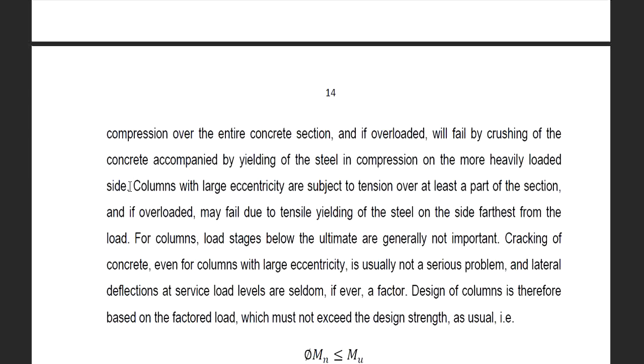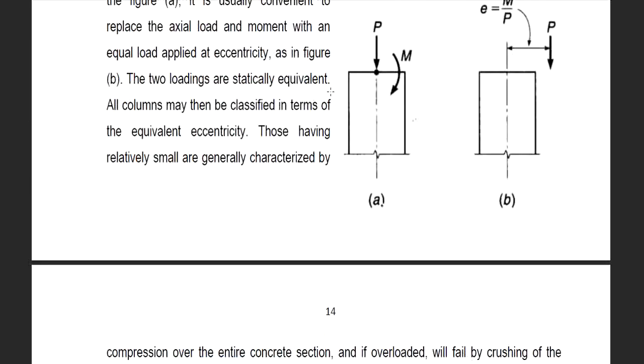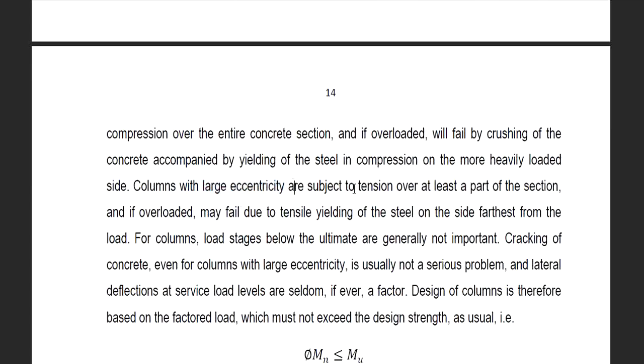So due to compression the column is going to fail. Columns with large eccentricity, where this e value is too much, are subjected to tension over at least part of the section.